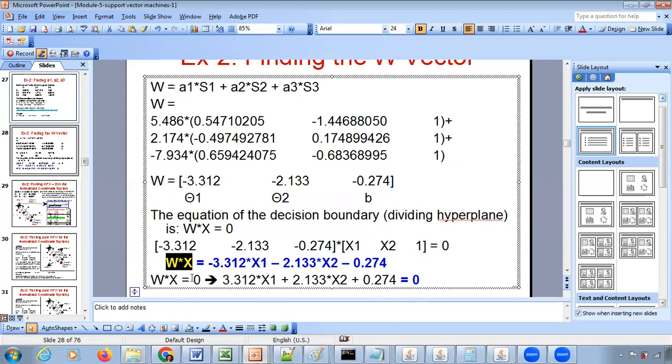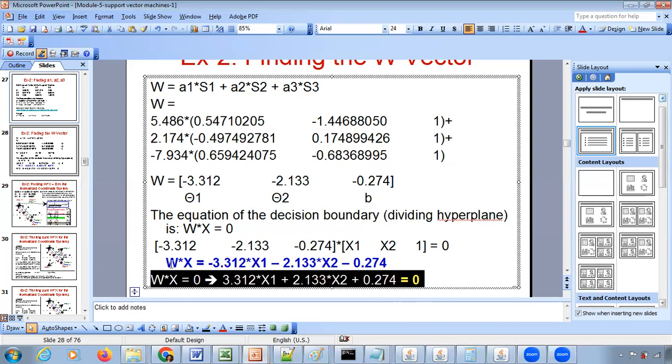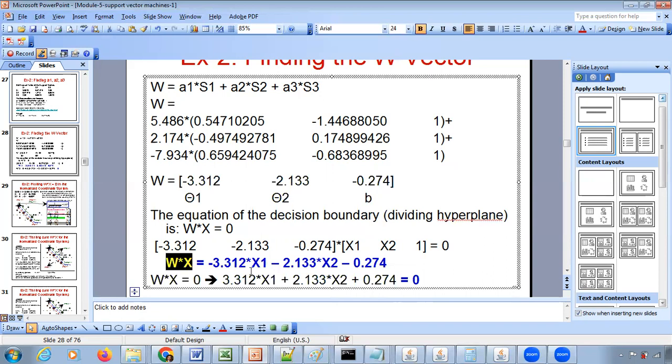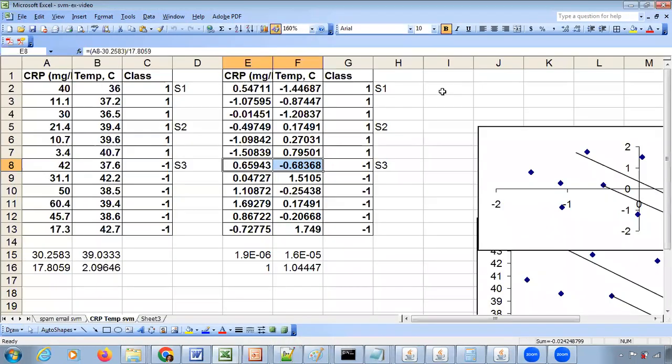Remember, that's different from W times X equal to 0, because that is an equation of a line. Whereas here, this is just the product W times X. And that's what we'll use to test any data point and find out whether it belongs to class 1 or negative 1. So let's go back to the Excel file and we can test it right away.